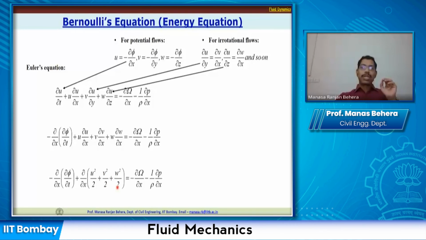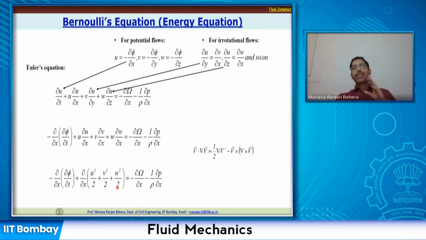This is based on the expression that v dot v cross del v is equal to 1 by 2 del v square minus v cross del cross v. Here, because the fluid is irrotational, the cross product term will vanish, so we have only this. Based on this, we could convert this expression like this. All right, so that we will take and integrate now.